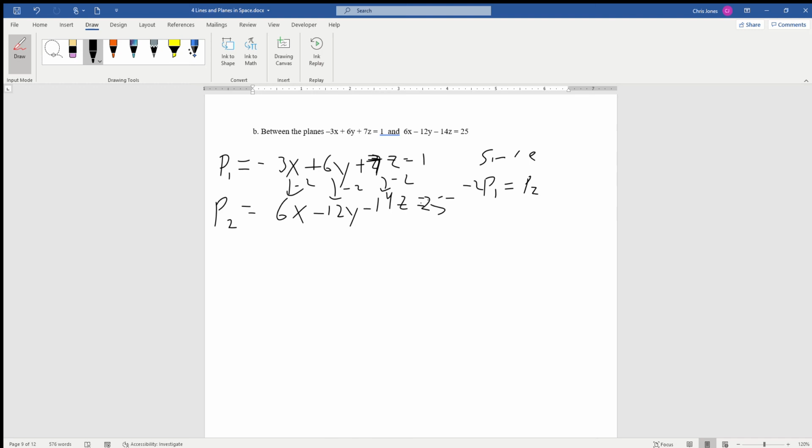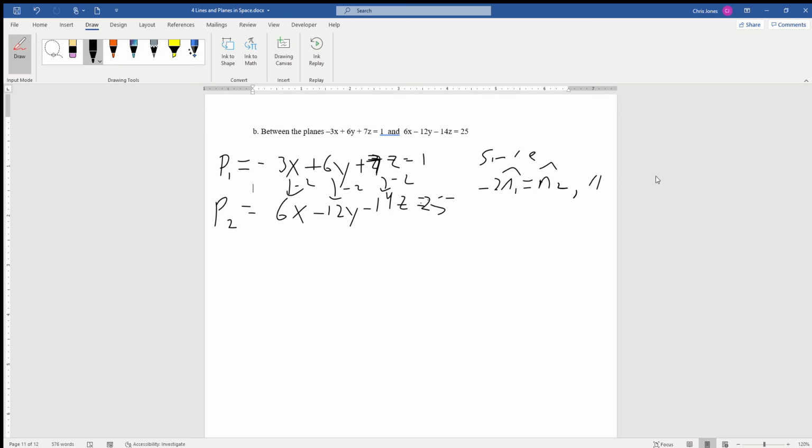That's like our intercepts. In fact, if we wanted to, we could just say if negative 2 n1, meaning the normal vector, is equal to n2, they are parallel. And of course, if they're not parallel, then the distance would be 0.